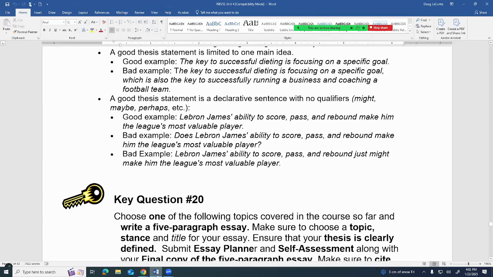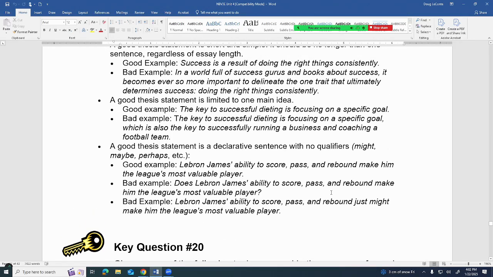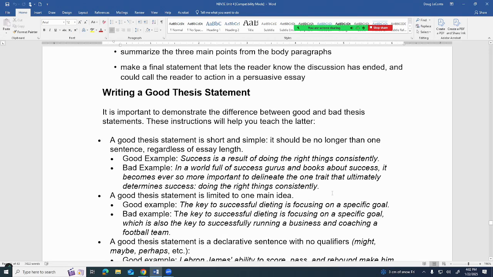So, yesterday we looked at some examples of what a good thesis statement is in comparison to a not so good thesis statement.